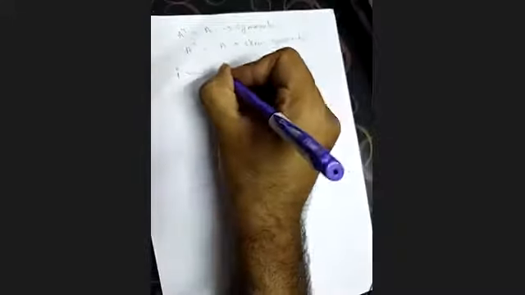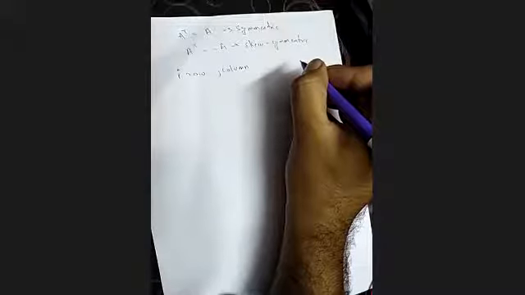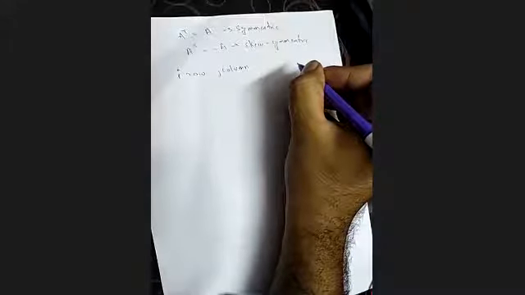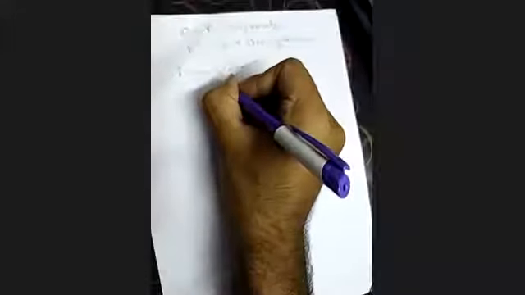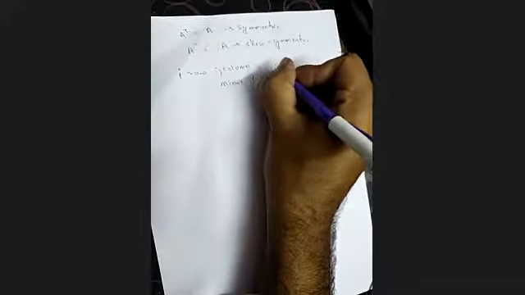Cofactor of an element in I row and J column of a 3 by 3 matrix is defined as its minor multiplied by minus 1 to the power I plus J.